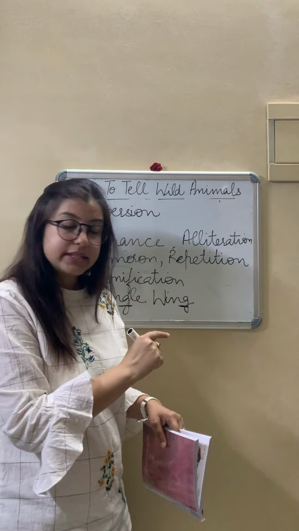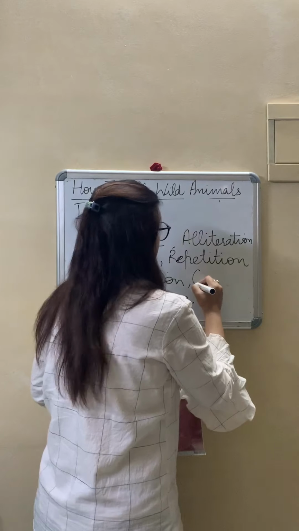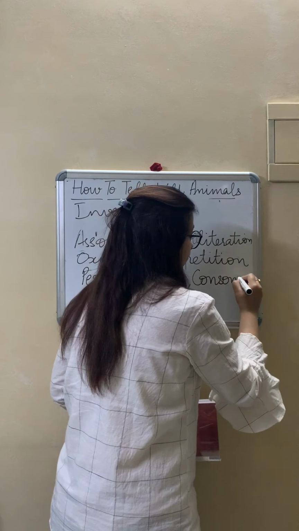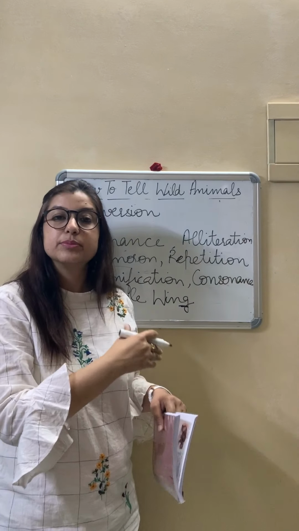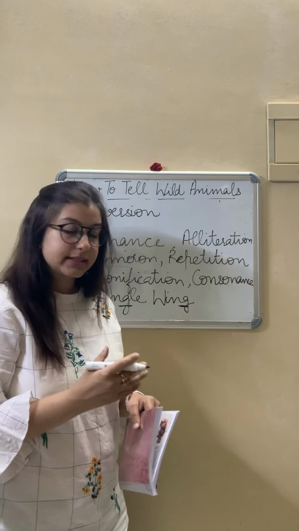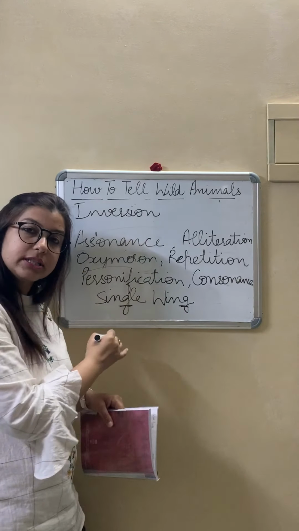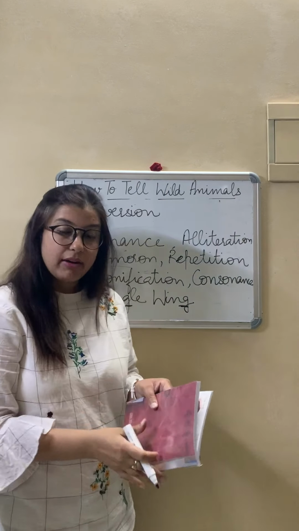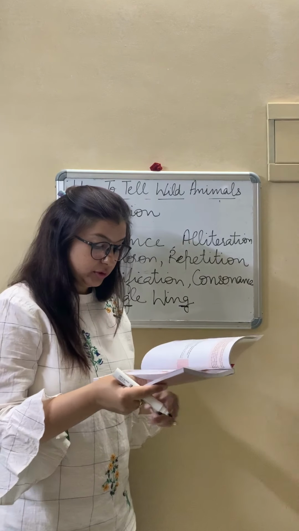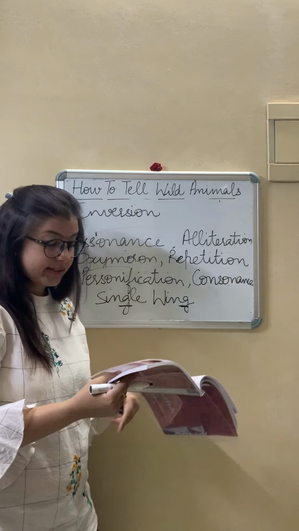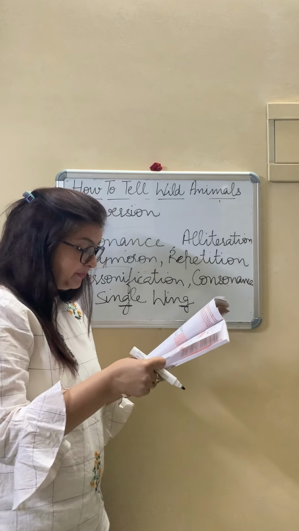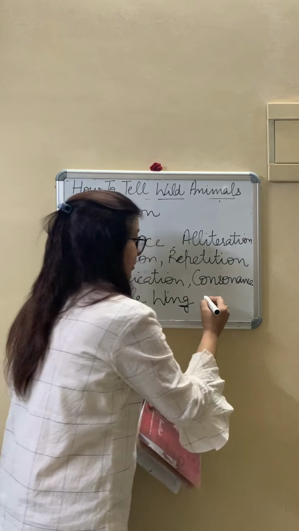So this poetic device is called consonance, when the consonant sound has been repeated in quick succession but not in the beginning. We have one more example in the poem on the last page, but I did not discuss it then because I wanted to discuss it along with this example. This is lep and lep.